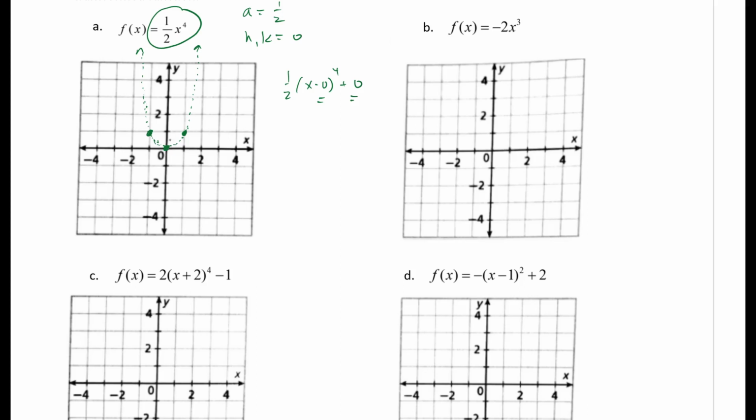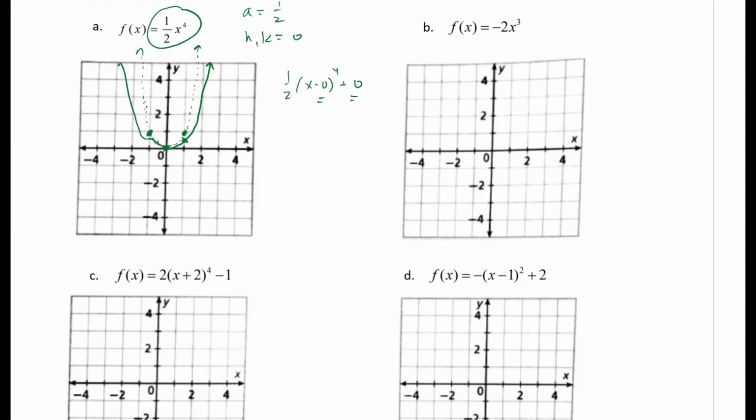So that's the parent function. Now if we shrink everything vertically by 1/2, we take all these output values and cut them down by 1/2. So 1/2 of 0 stays at 0. 1/2 of 1 comes down to here. 1/2 of 16 is 8, so it's actually not even on this graph. But the graph itself will be below that parent function by a factor of 0.5.